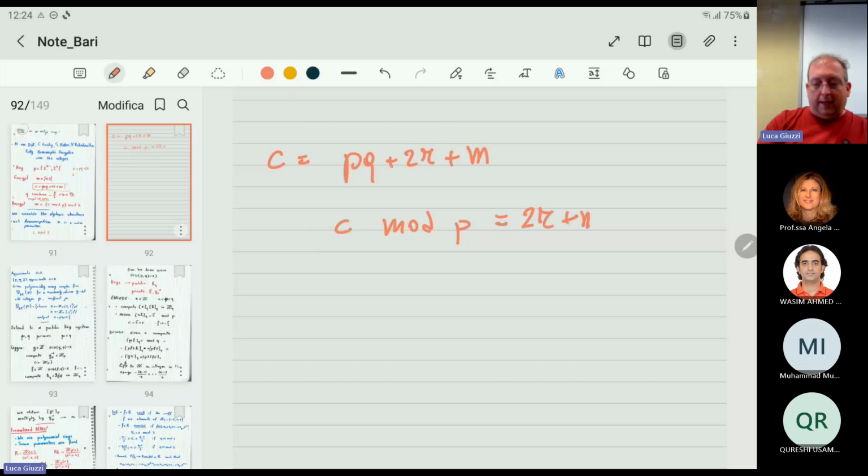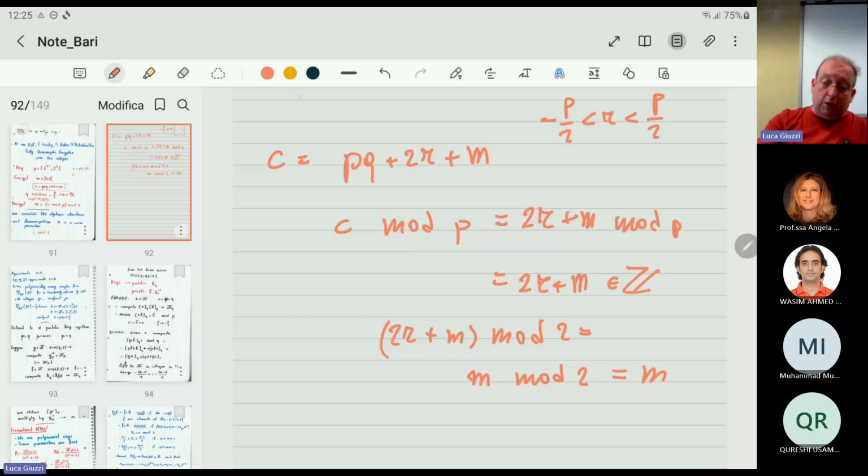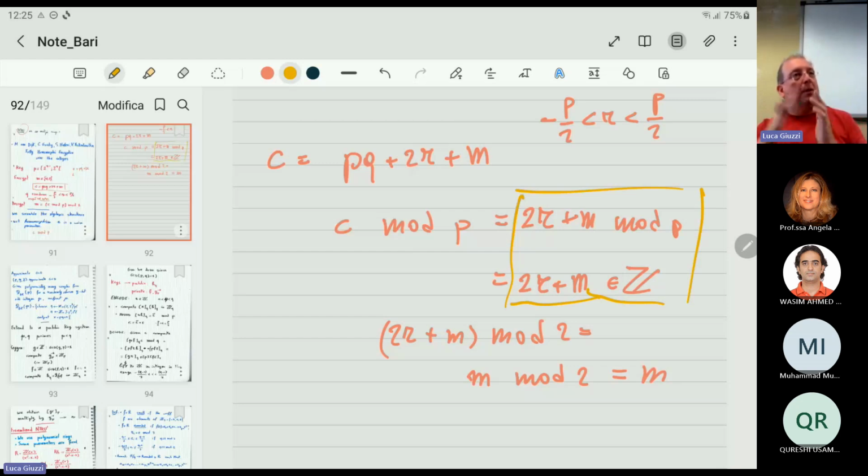This is 2R plus M mod P. And we assume that R is chosen in the range minus P over 2 to P over 2, then 2R plus M mod P is exactly the integer 2R plus M. But now 2R plus M mod 2 is equal to M mod 2, and this is equal to M. So under the assumption, which is a non-trivial assumption, that this is true, and this is what forces R to be a special number, not just a random number, the system works.